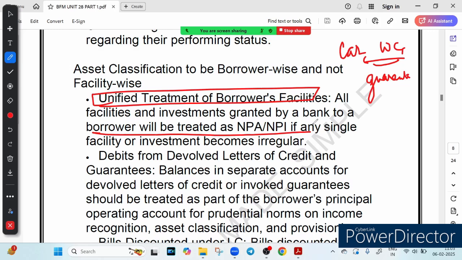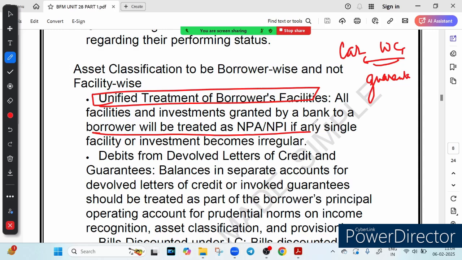It's like a student who has multiple subjects. If they fail in one, the entire semester is at risk, isn't it? In simple terms, if any facility or any investment goes into the NPA category, all facilities for that borrower are treated the same way. This is done for better tracking and better management by the bank.